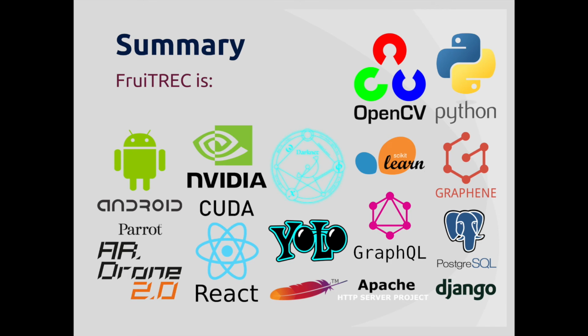Everything is represented here. So far, we've accomplished piloted flight of an AR drone, an exploration of technologies for building web applications, including ones that are tried and true, like Postgres, and ones that are emerging, like GraphQL. And finally, we've explored and demonstrated techniques for performing object detection in images using computer vision.